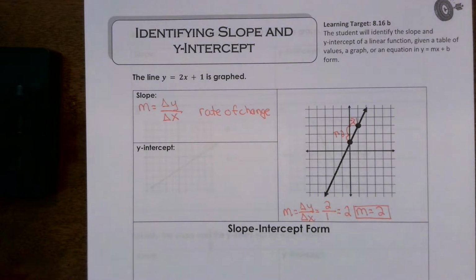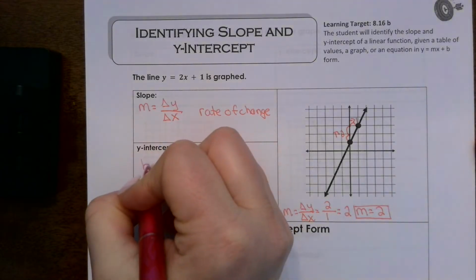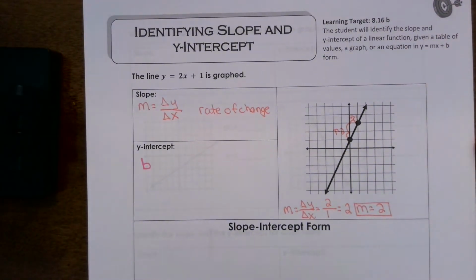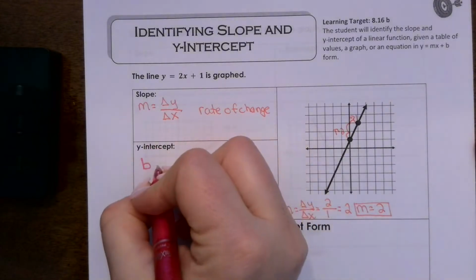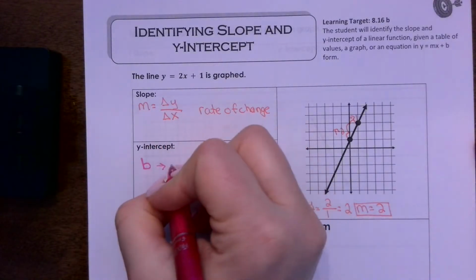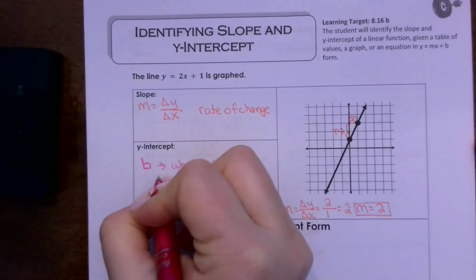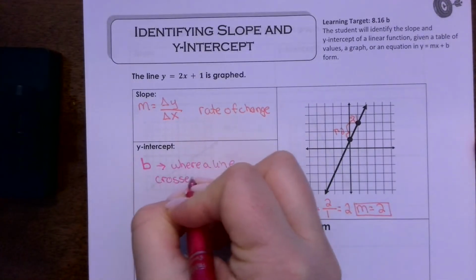Now we need to think about another concept, and that is the concept of the y-intercept. In algebra, we call the y-intercept b. We use the variable b to represent the y-intercept. And b can be found on a graph as it is where a line crosses the y-axis.